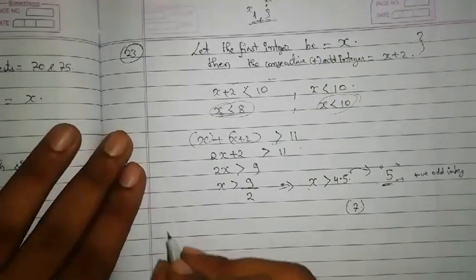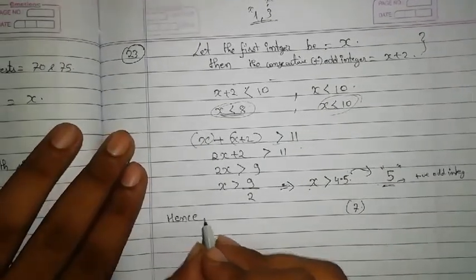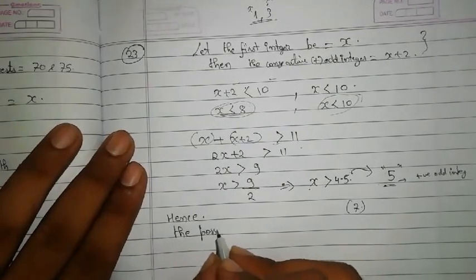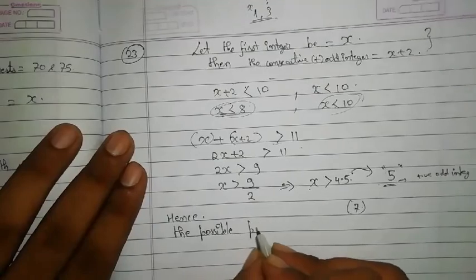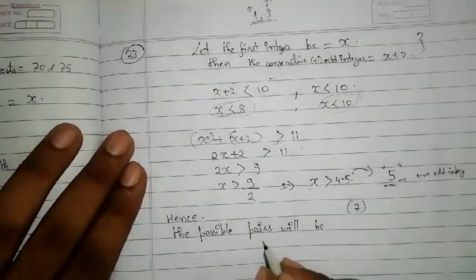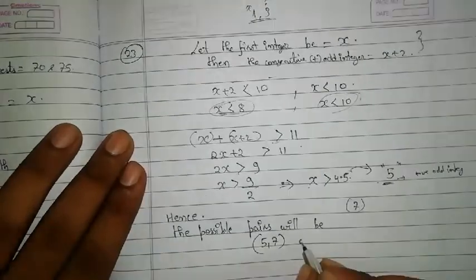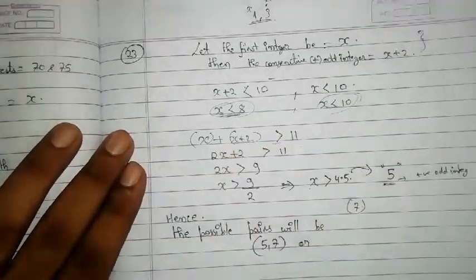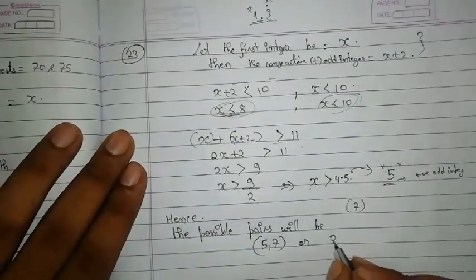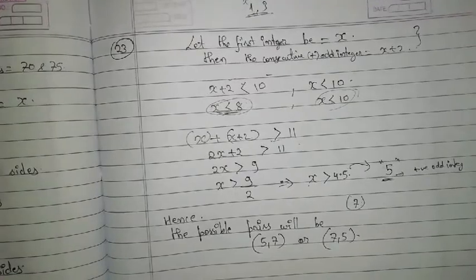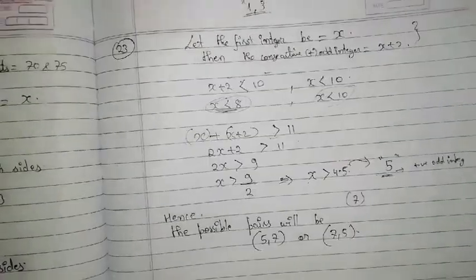Hence the possible pairs will be 5, 7, and 9 cannot be there because it cannot exceed 7, or 7, 5, either the first will be 5 or the second will be 5.